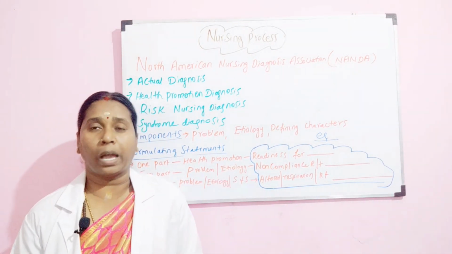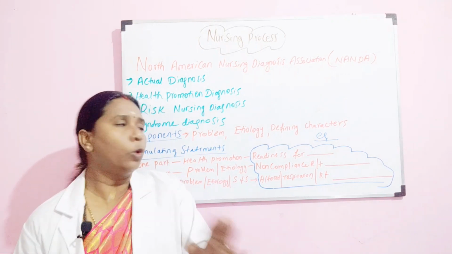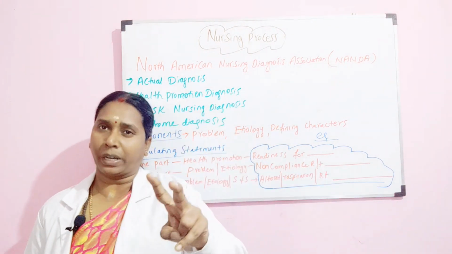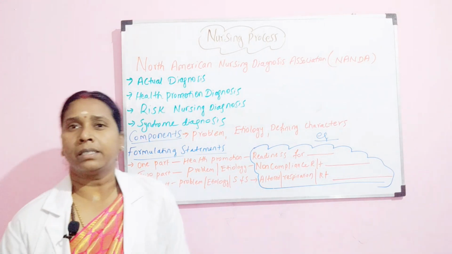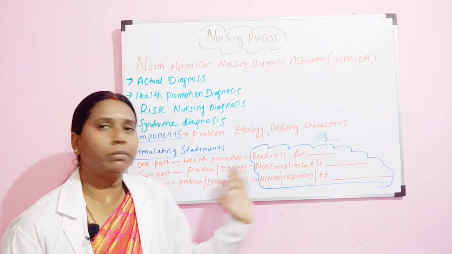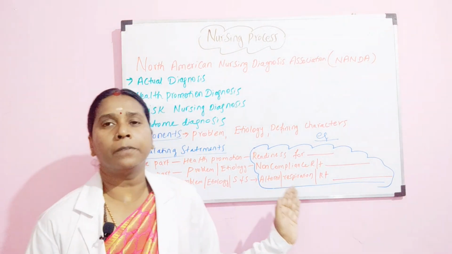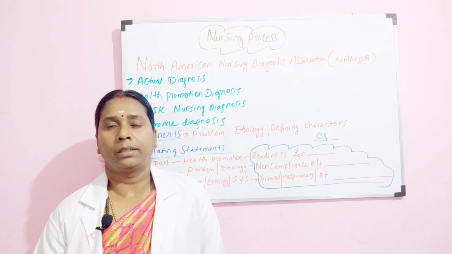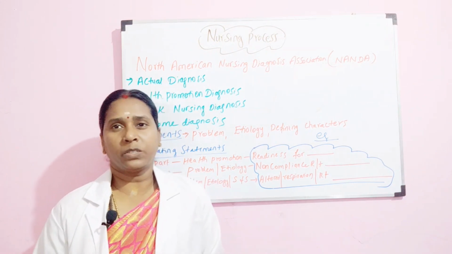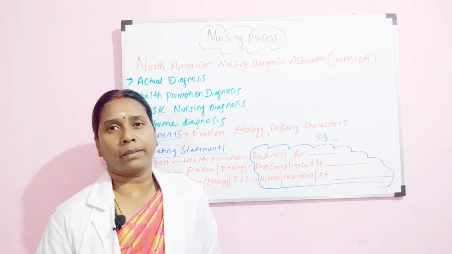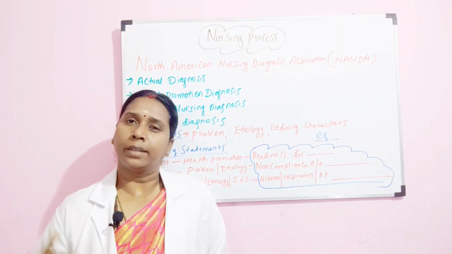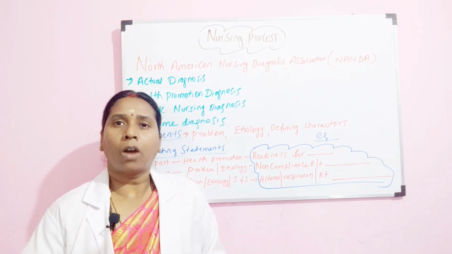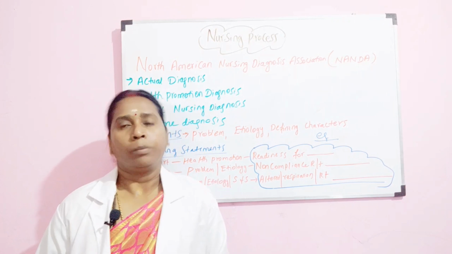Okay, so whenever you have two-part statement, you will have, for example, non-compliance related to. So only two factors you have. You don't have the signs and symptoms. Okay, so only problem and the etiology. So now you consider non-compliance for drug intake, non-compliance for diabetic foot care, non-compliance related to inadequate drug intake, non-compliance related to poor exercise.